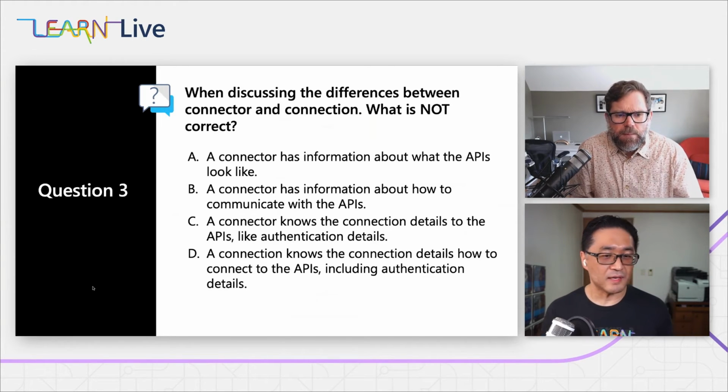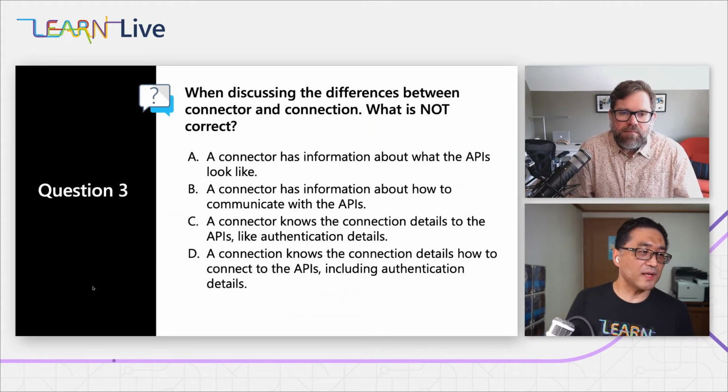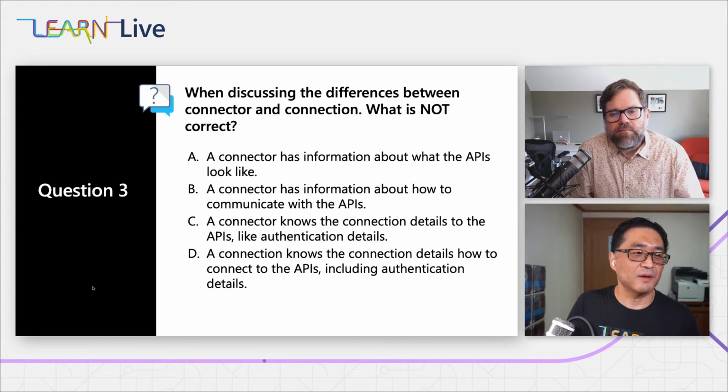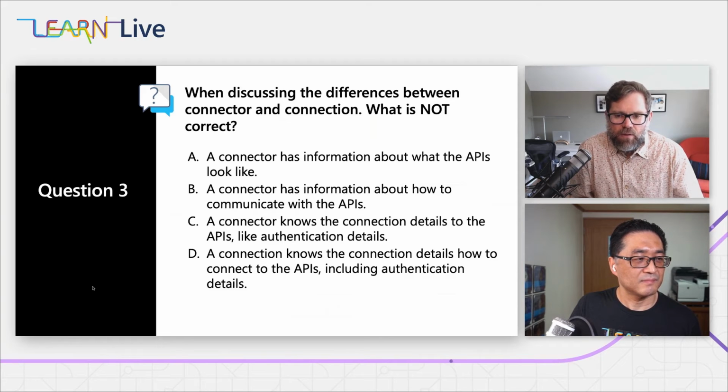So option A says a connector has information about what the APIs look like. Okay. And then B would be a connector has information about how to communicate with the APIs. Okay.